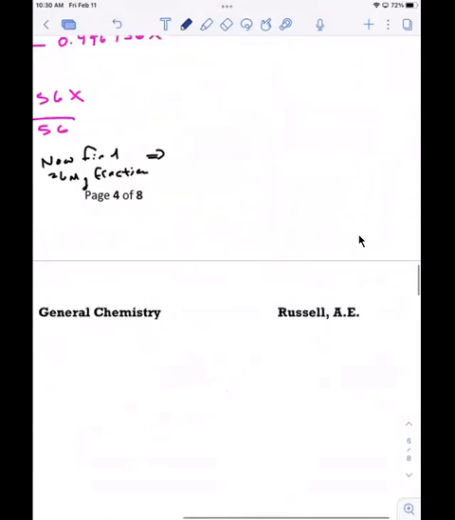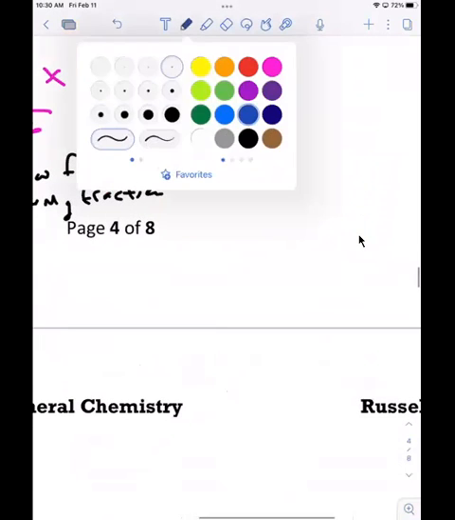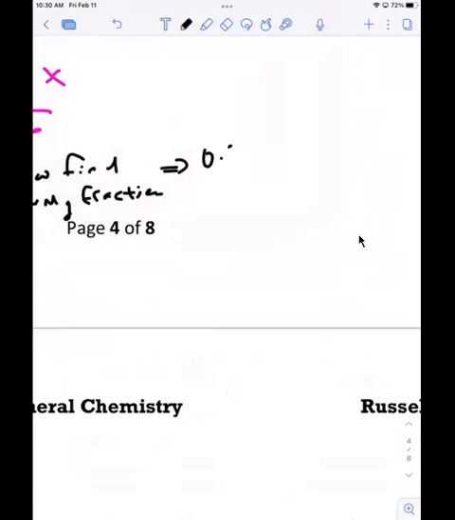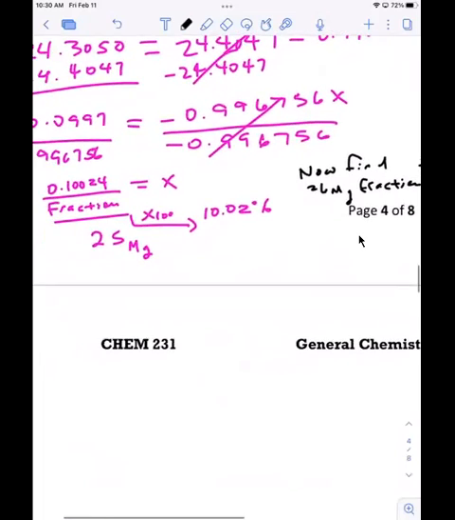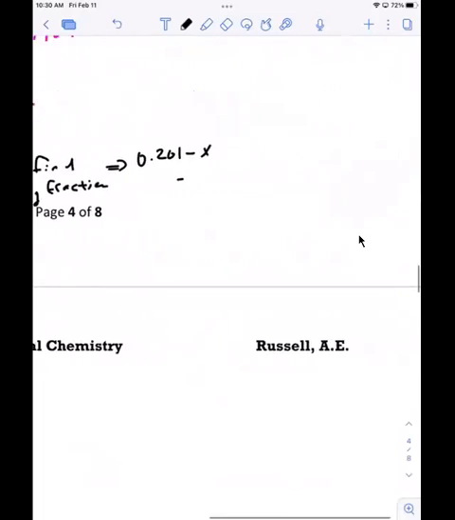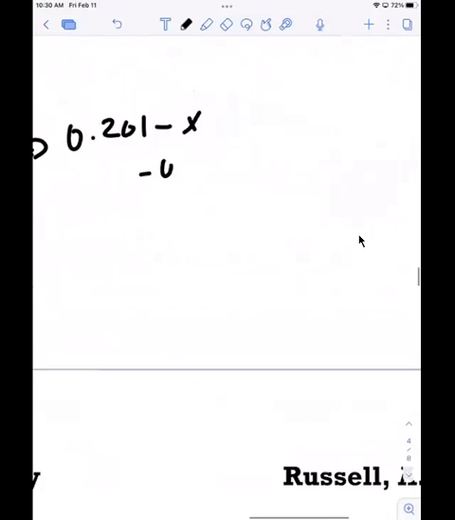So it's going to be what? 0.201 minus what? X. Or minus 0.10024. What's that? What do we get for that?